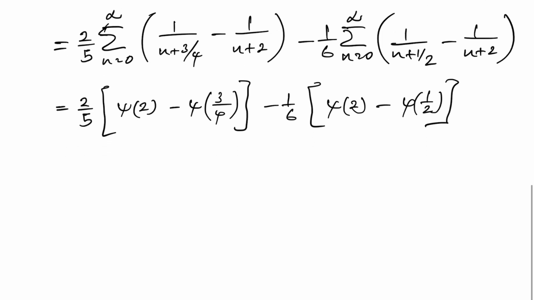Okay, here 2 over 5 digamma of 2 is equal to 1 minus gamma. We found the value of digamma of 2 in previous videos, and here minus digamma of 3 over 4.